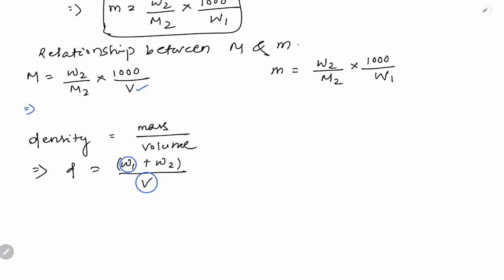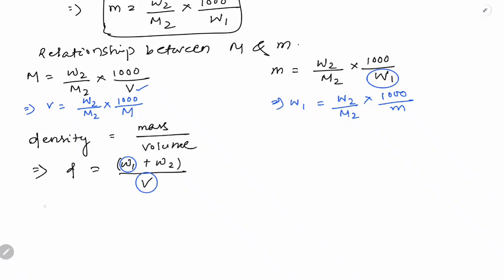So what will be the formula? Volume is equal to W2 upon M2 into 1000 divided by capital M, molarity. Similarly, here we can find W1. So W1 is equal to W2 by M2 into 1000 by small m.